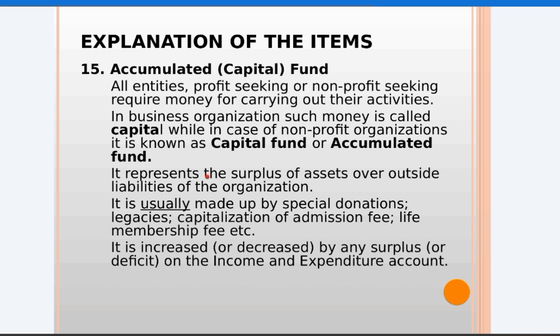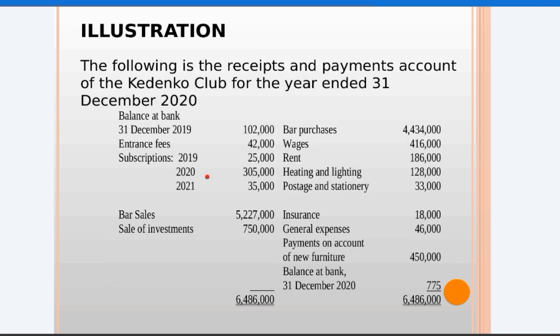To put into perspective what we have been looking at, let us look at an illustration whereby we will be required to prepare the financial statements of a non-profit-making organization. We are told that the following is the receipts and payments account of the Denko Club for the year ended 31st December 2020.